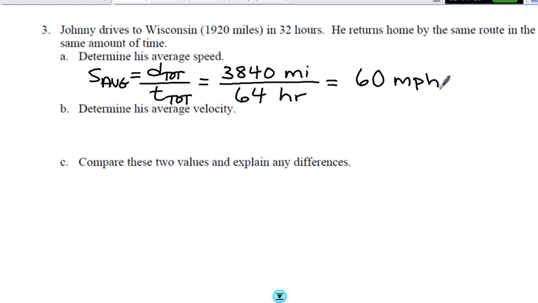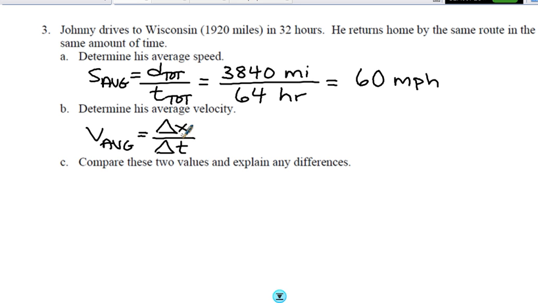What's the difference between speed and velocity? Velocity takes into account the direction. So it's going to matter that Johnny moves in one direction to go and moves in the opposite direction to come back. You can say that part of the motion is positive and part of the motion is negative. So ultimately what we're going to want to determine is the total displacement that Johnny underwent in the total time.